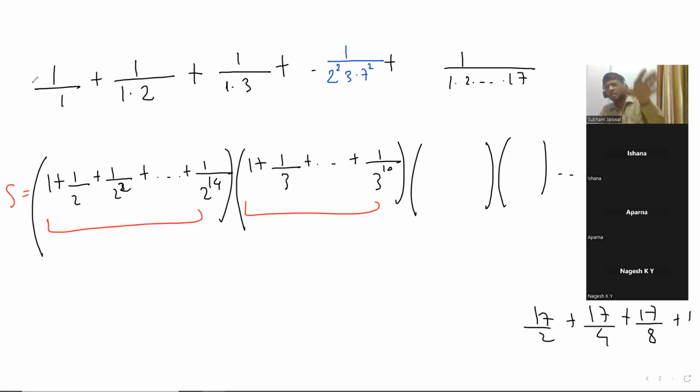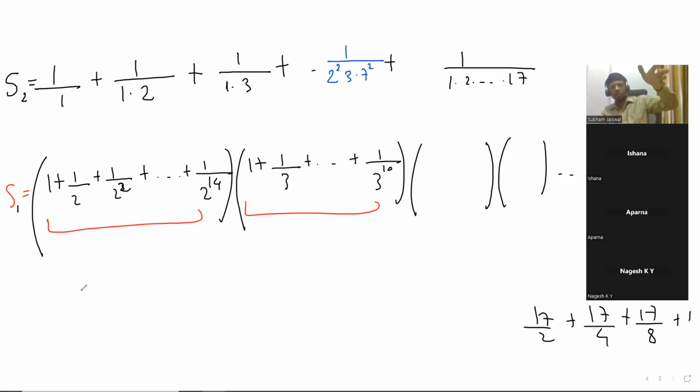So see, can you tell me something which is not in this summation S2, but it is there in the summation S1? Anyone? I'll be interested in listening to the explanation also, but yeah, can you just tell the term? Sir, could you repeat the question?